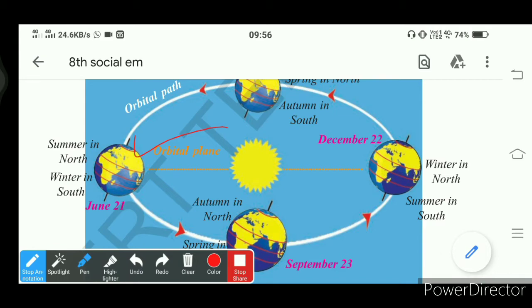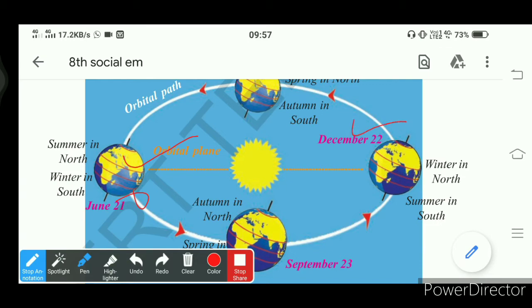And when it is summer in the northern hemisphere, it is winter in the southern hemisphere, because the sun does not shine directly on the Tropic of Capricorn at that time.